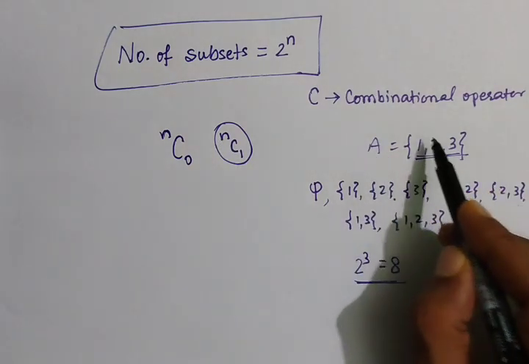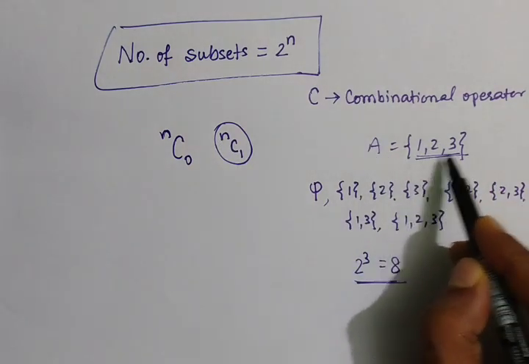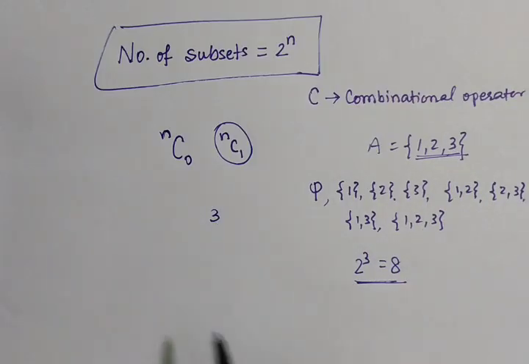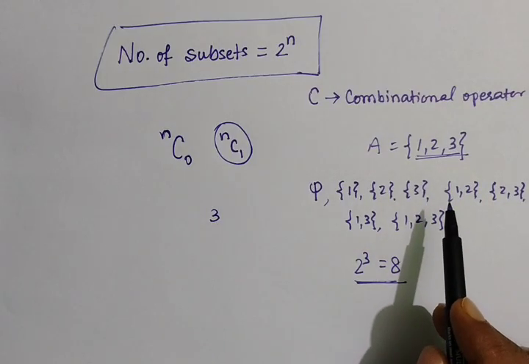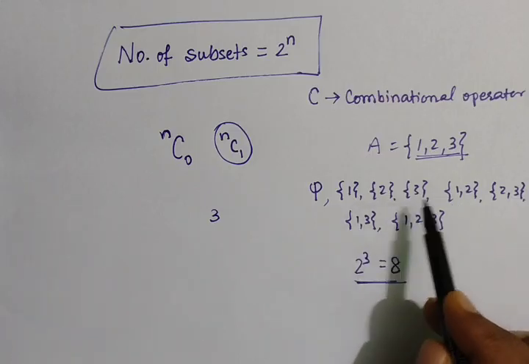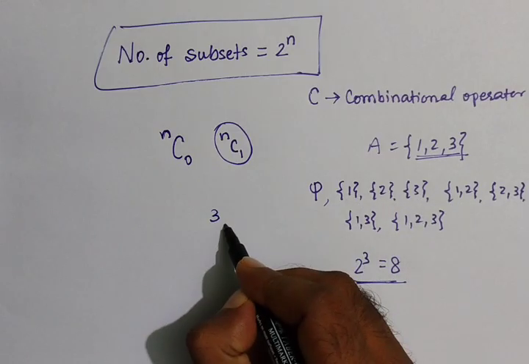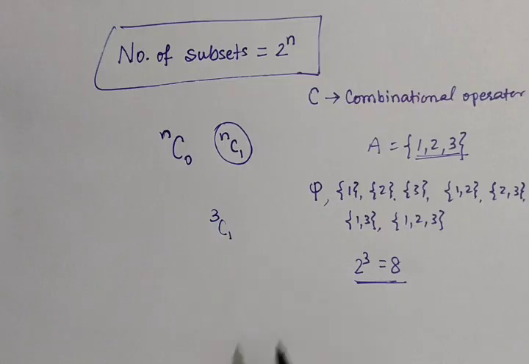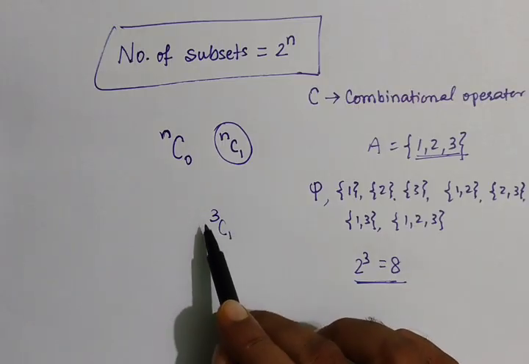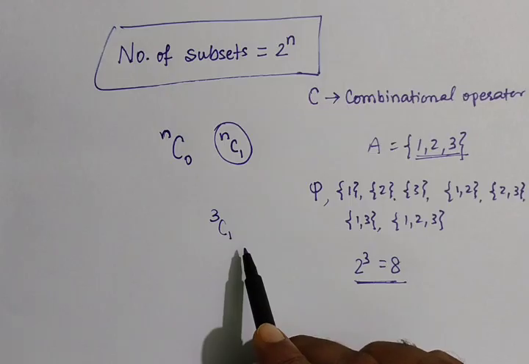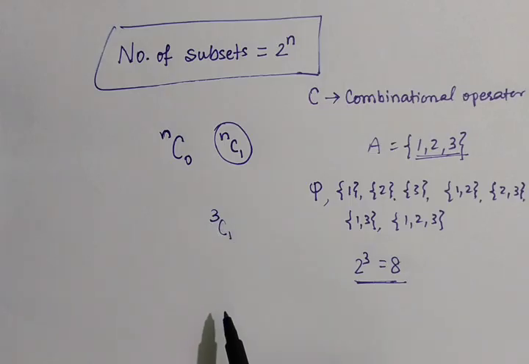So in this particular case, n is 3. We want to find the number of subsets when the subset contains 1 entry. How will we represent that? 3C1. So just by writing 3C1, it means that we want to count the number of subsets with 1 entry only.